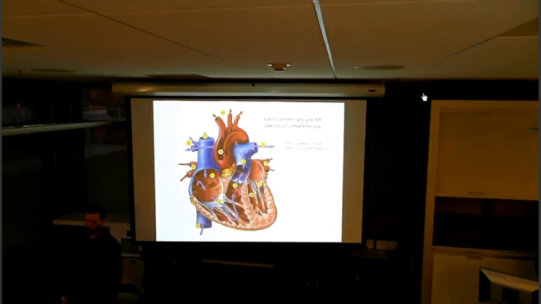Teddy, I'll give you another shot at this. There's blood in the right ventricle here. Where is that blood going? Generally, where are we sending this blood in the right ventricle?